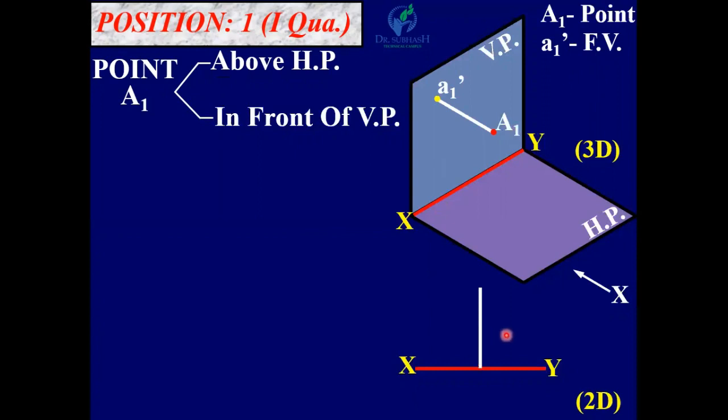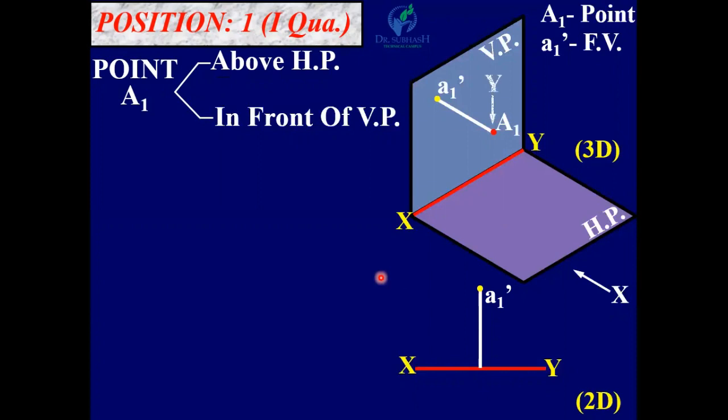Now in 2-dimensional, you can see that this a1 dash is above the XY line. That means the distance from HP, above HP. So this distance of a1 dash from XY is the distance of the point from HP.